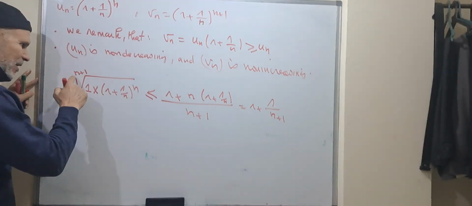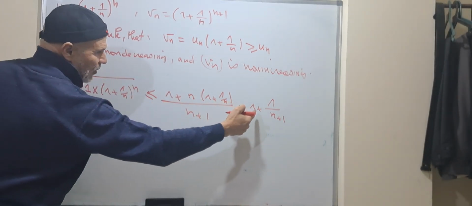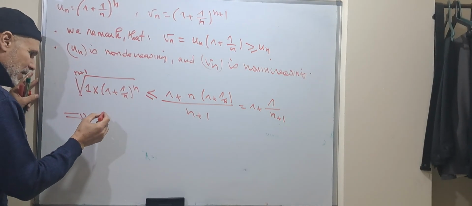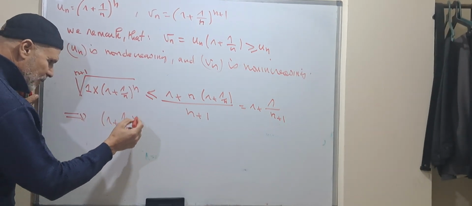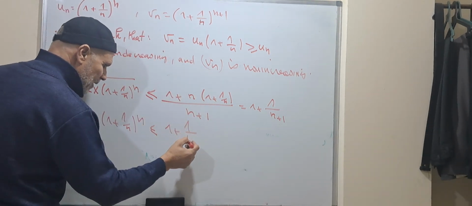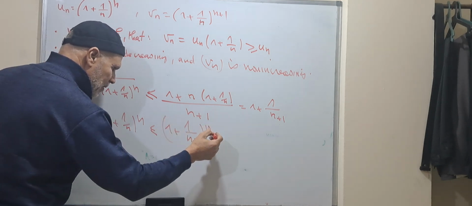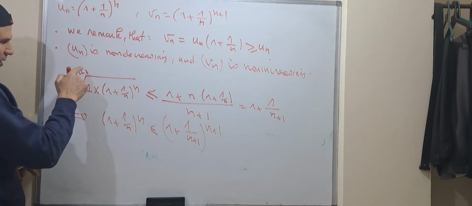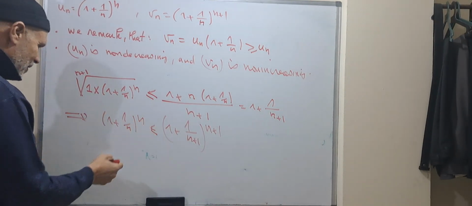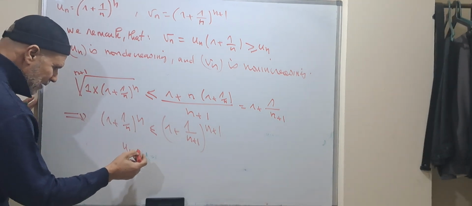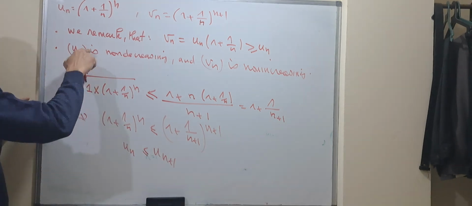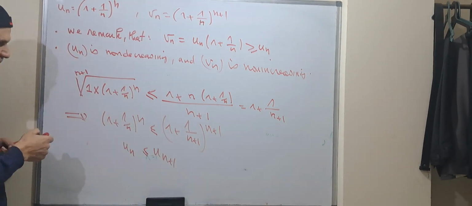Then the (n plus 1)th root of this element is less than or equal to 1 plus 1 over n plus 1, which means that (1 plus 1 over n) power n is less than or equal to (1 plus 1 over n plus 1) power n plus 1. We take the power n plus 1 to cancel the (n plus 1)th root. This means that un is less than or equal to un plus 1, so un is non-decreasing.